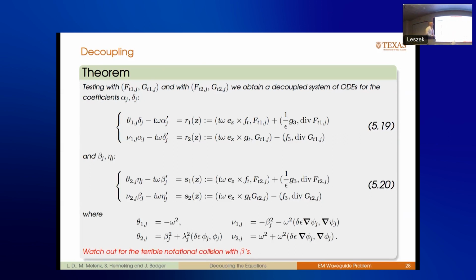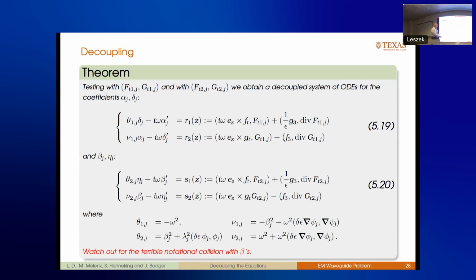But the key point is this has nothing to do with the perturbation theory. By using the very structure of the Maxwell equation in this case, and the adjoint eigenvectors for the individual E and H problem, I end up with a system of first order ODEs for the coefficients in Z, and they decouple into two subsystems.